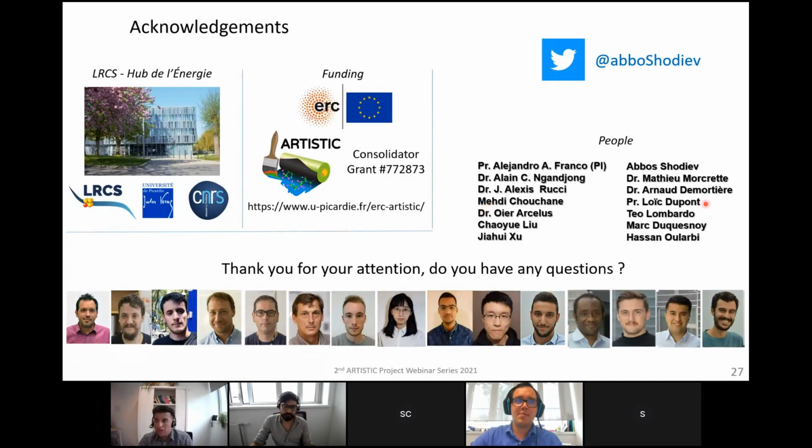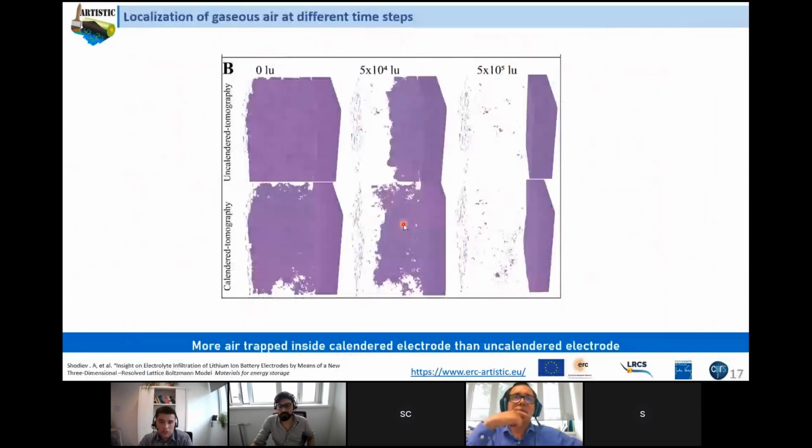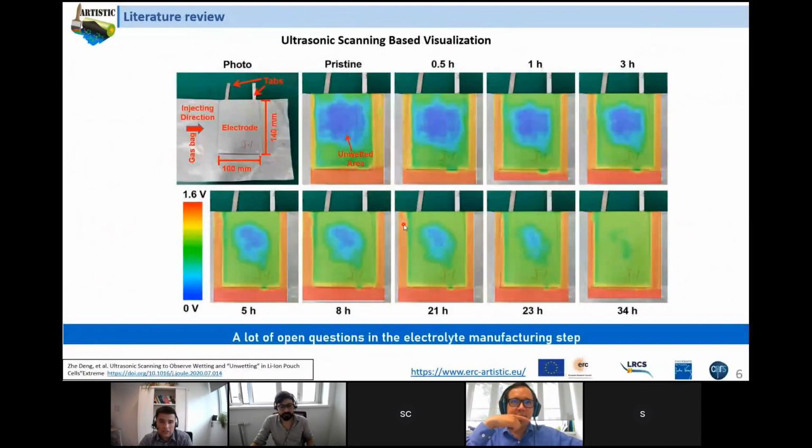But maybe this study is the closest one, I think, to reality, the last one I showed. You can see how the electrolyte goes. It's ultrasonic-based visualization, and here they are suggesting 34 hours. But it is only quantitative work.